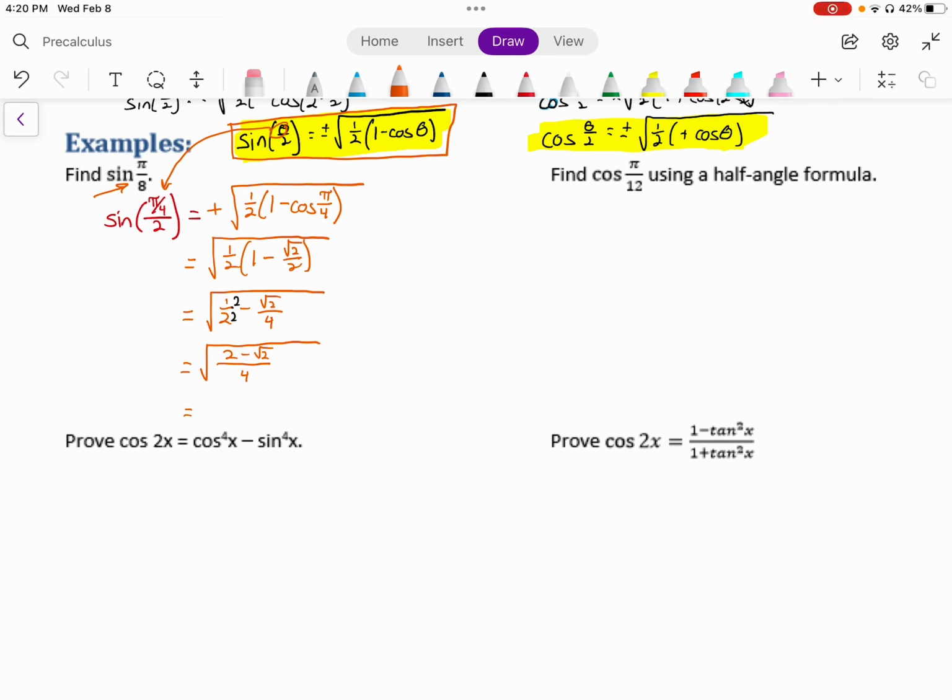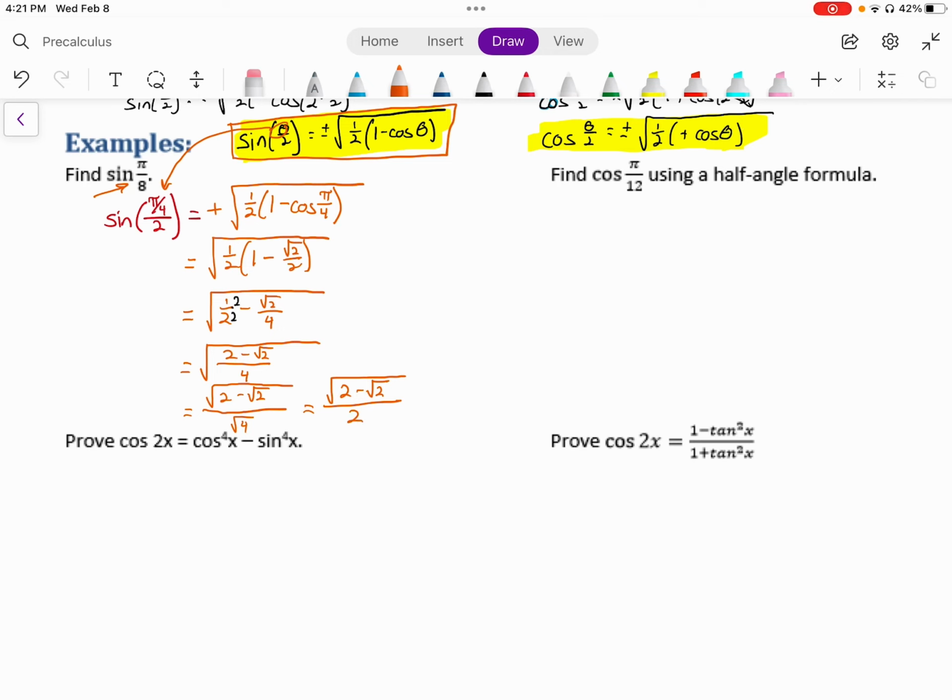However, we can do the square root of the top over the square root of the bottom, the square root of 4. But what's the square root of 4? I'll write it in here for you. So you do the square root of the top over the square root of the bottom, and then the denominator is just 2.